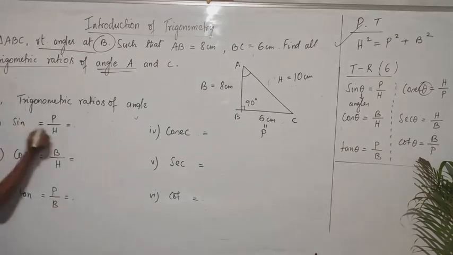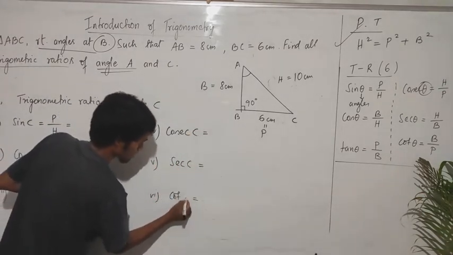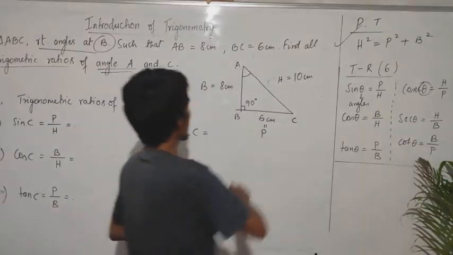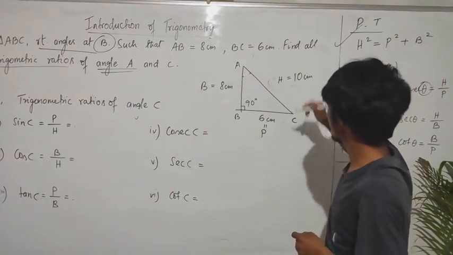Then here will change to angle C. Then here also put C, C, C. Okay. Now this will be no more. This is finished. Then we'll change to which angle?